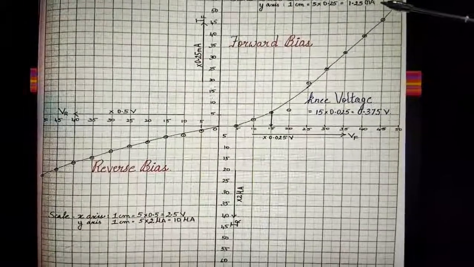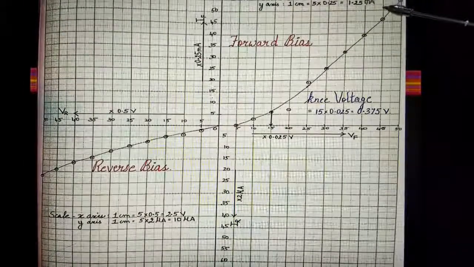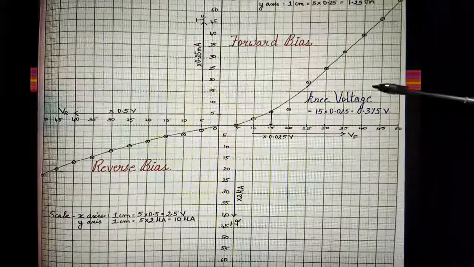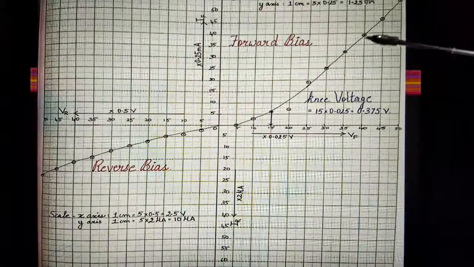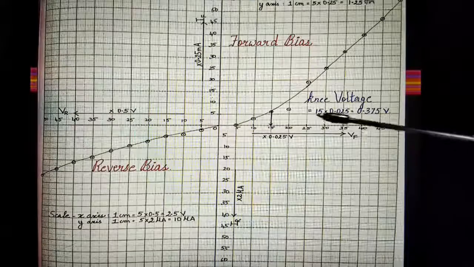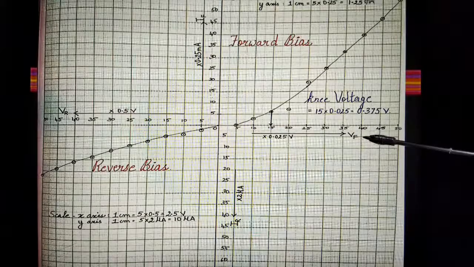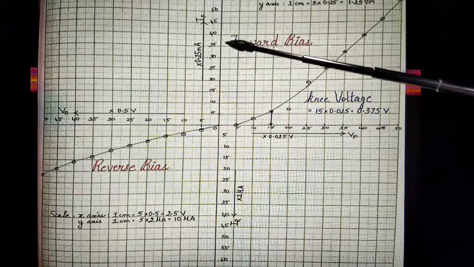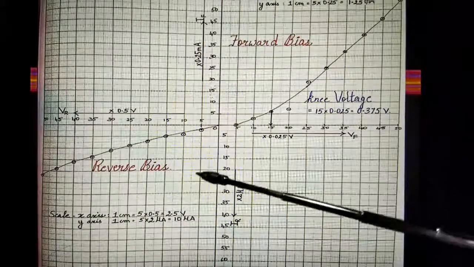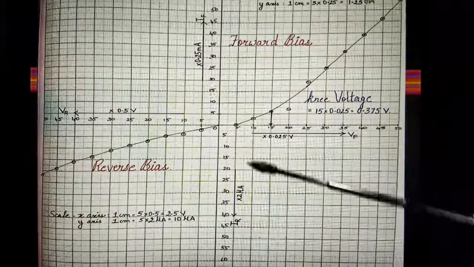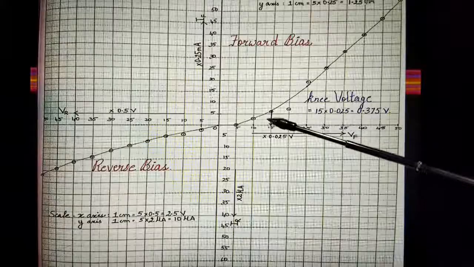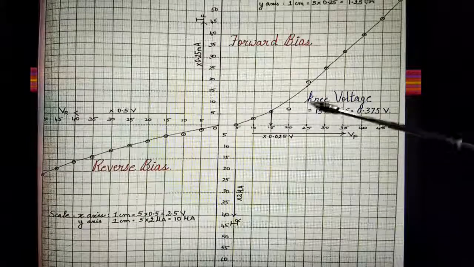You could use a scale of your own and plot the various points for different forward voltage and the corresponding ammeter readings. And similarly for reverse bias, take a suitable scale and plot the graph.